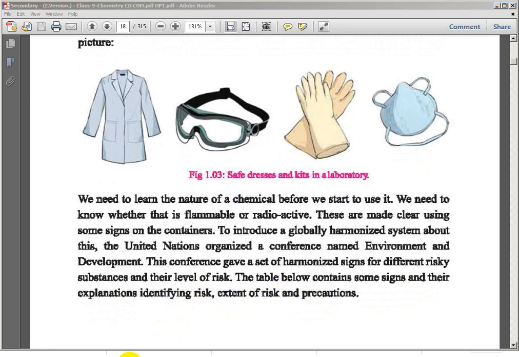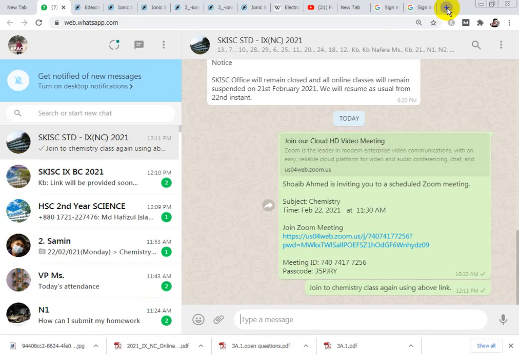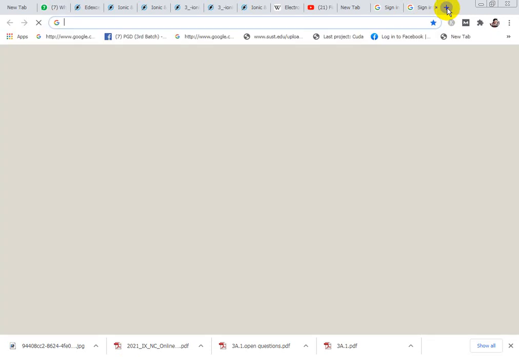Look, I am showing this. The United Nations gave signs on containers to help understand what kind of chemical it is and what the risk is.